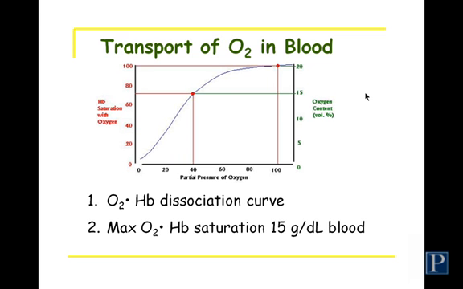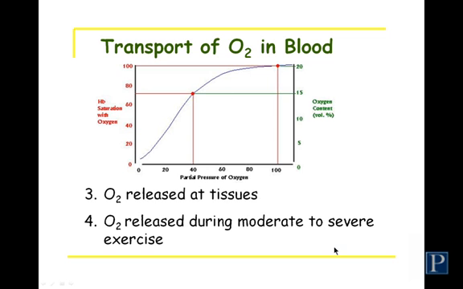So what happens if I need to exercise? What's going to happen with the amount of oxygen I'm going to unload from the hemoglobin molecule? Well, during moderate to severe exercise, I want to unload some more. What can happen is that the partial pressure of oxygen can actually go to as low as maybe 15 millimeters of mercury.